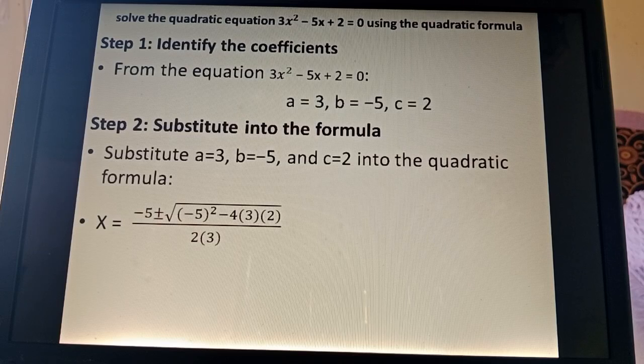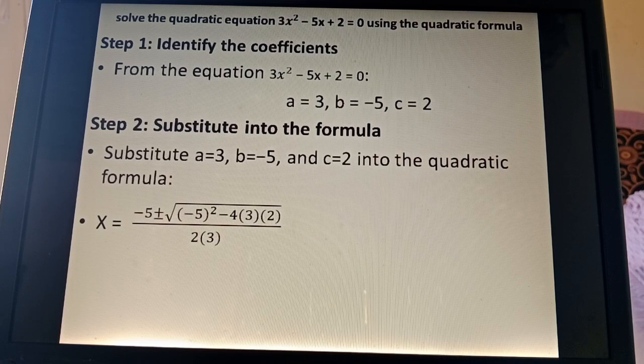Step number 1, identify the coefficients from the equation 3x squared minus 5x plus 2 is equal to 0. a equals 3, b equals negative 5, and c equals 2. Step 2, you substitute into the formula.